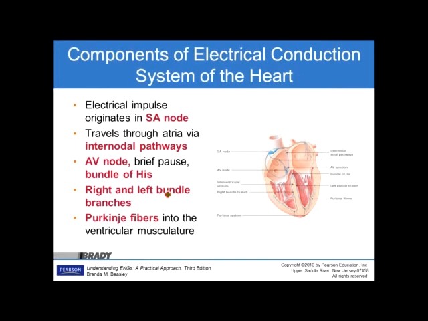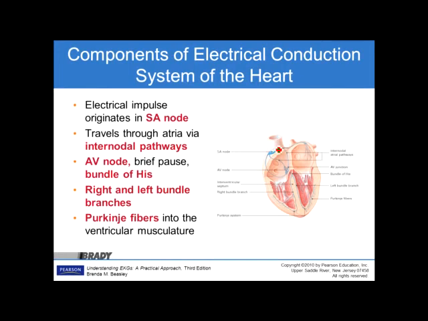Components of the electrical conduction system of the heart. Again, we've reviewed this each time. Electrical impulses originate in the sinoatrial node, travel through the atria via the internodal pathways, and then arrive at the AV node, where you have a brief pause. And then it goes into the bundle of His, down the left and right bundle branches, and into the Purkinje fibers, into the ventricular musculature.